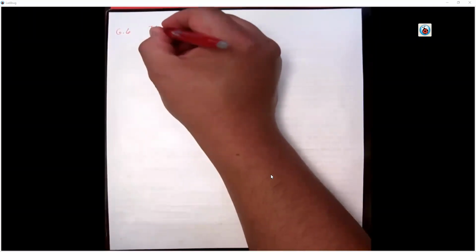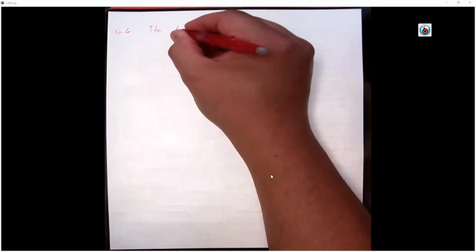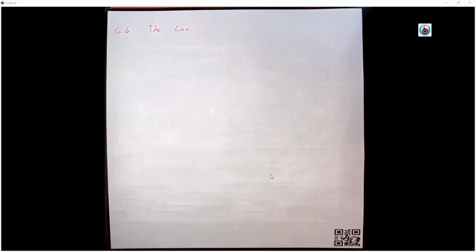6-6, the law of cosines. Oh, quick tip, I forgot to tell you. When you're doing these problems, finding sides and angles and whatnot, if you're given 2 angles, then you're guaranteed 1 triangle. You don't have to worry about it because you already have 2.